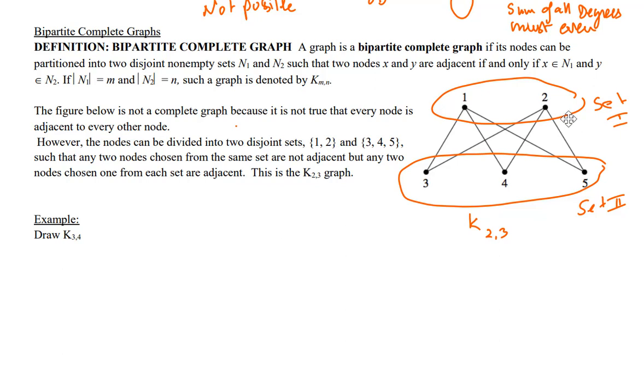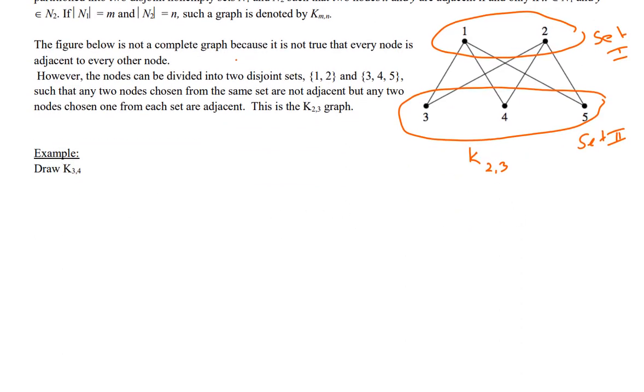So for example, this group of people are friends, so we try to connect them with the other group who are friends, like they do in Facebook and so on. So here is a simple example. We need to draw K 3, 4. So 1, 2, 3. And then the other set is 4, 5, 6, 7.